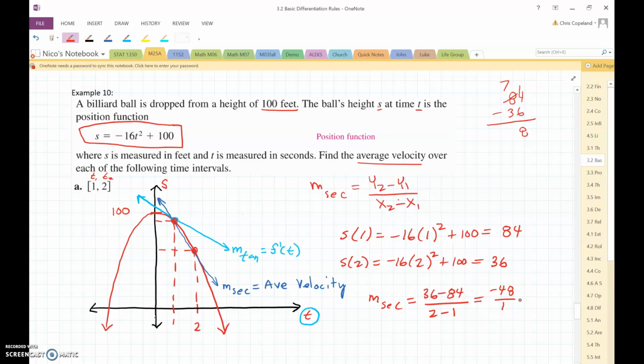And this is a velocity, so it's going to be feet per second. And the negative is just telling us that this is dropping.